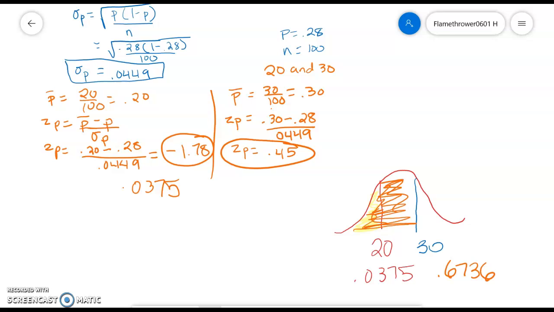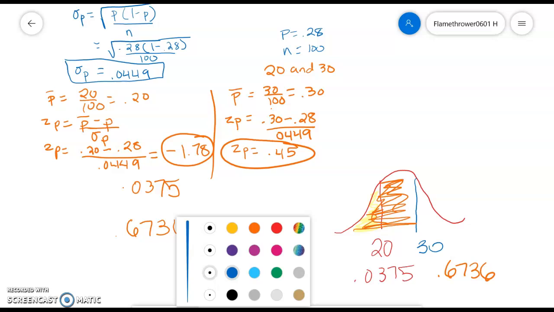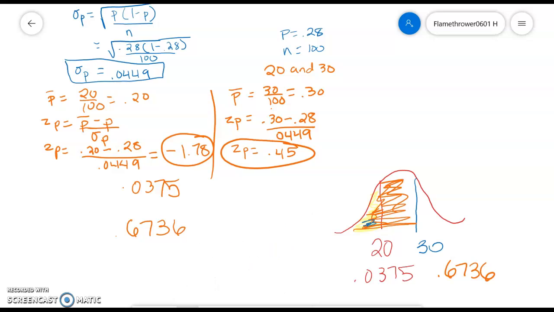But we don't want the probability of 30 or fewer. We want to get between 20 and 30. So the way that we do that is we take the probability of 30 or fewer, and we want to subtract anything we don't want. We don't want this little area right here.